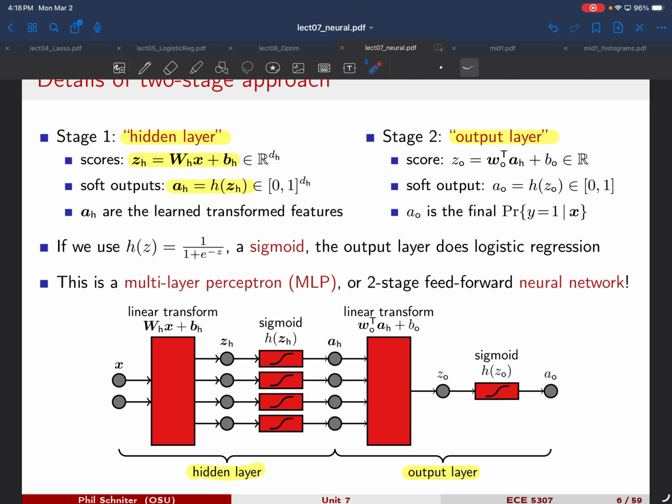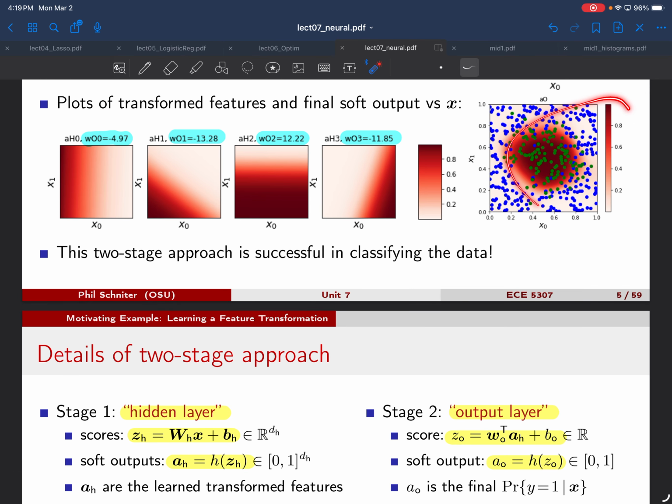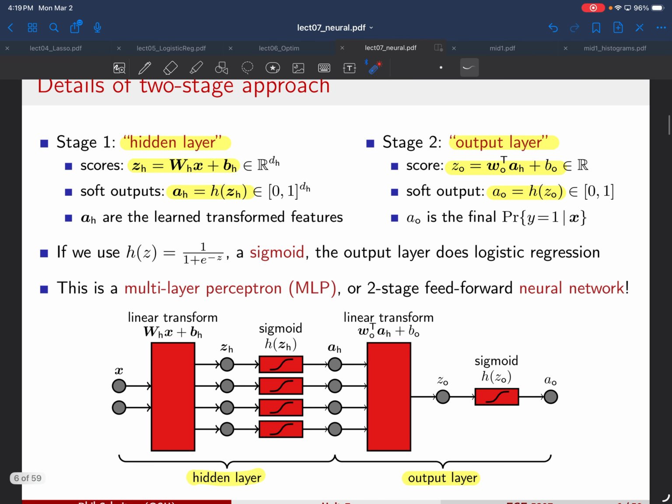And then in the output layer, we have again a linear portion. And this last stage is optional, but we use this in order to make the heat map here. And that's our final soft output. Okay, so these A_H are our learned transformed features.